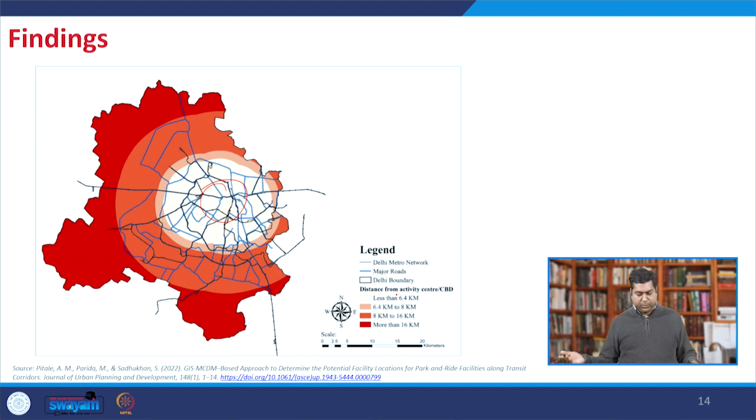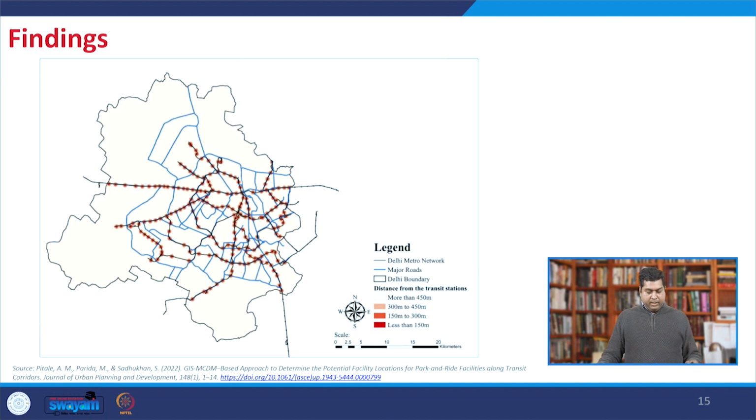Up to 6.4 kilometers, then a very limited zone from 6.4 to 8, 8 to 16, and more than 16, which is the periphery where the network has not reached. Now, coming to the distance from transit station, all the stations located here are plotted with more than 450 meters and 300 to 450 meters.